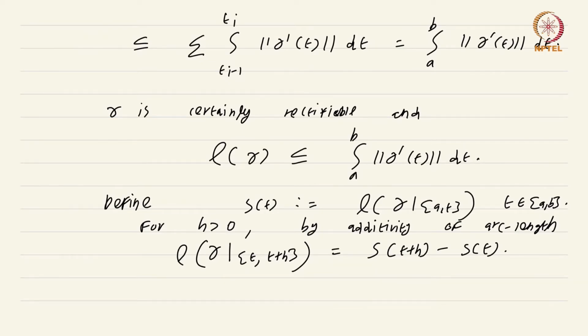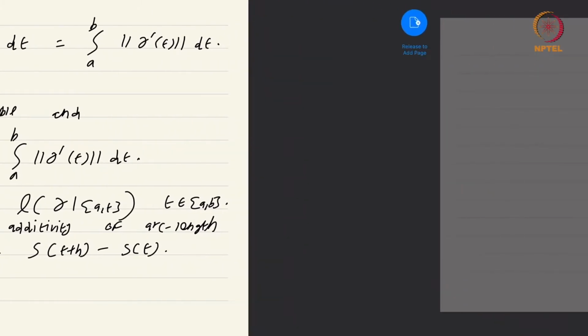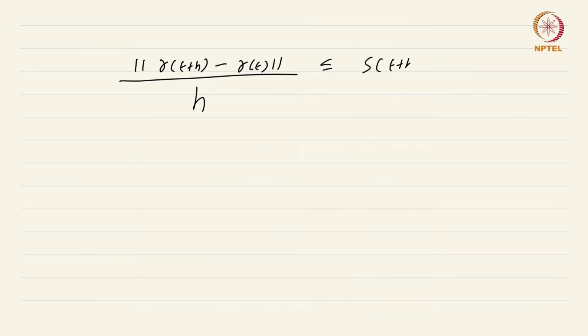Now once I have this, I can try to take the difference quotient, the Newton quotient, and see what happens. Look at norm of gamma of t plus h minus gamma of t, divided by h. This is less than or equal to s of t plus h minus s of t, divided by h. Why is that the case?